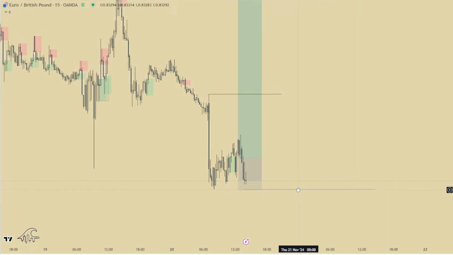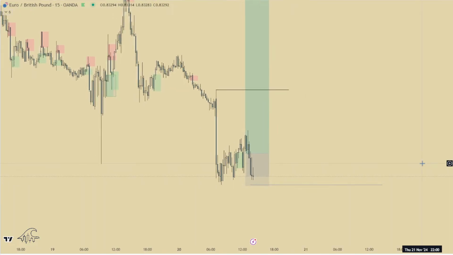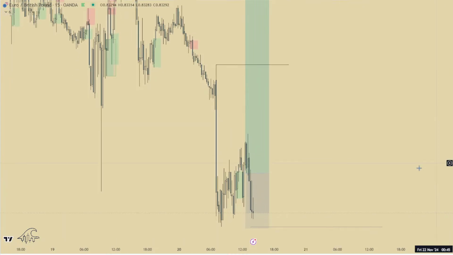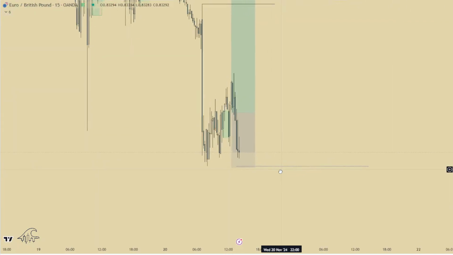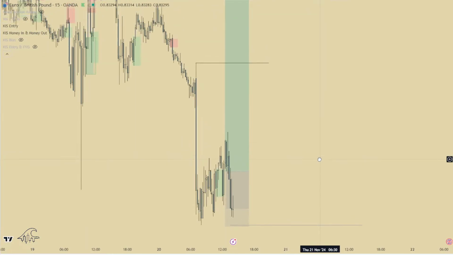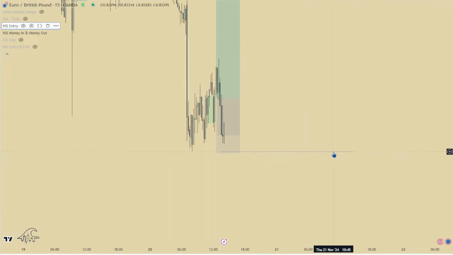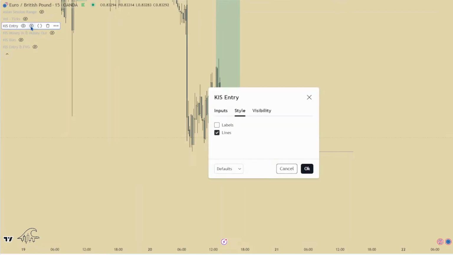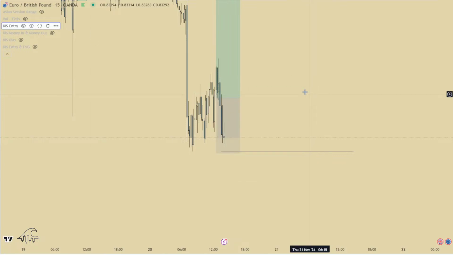What is that grey line? What is that grey line there? We can see it on the 15-minute time frame? I'm confused. How are we seeing that?